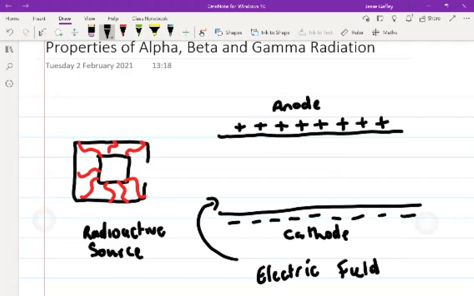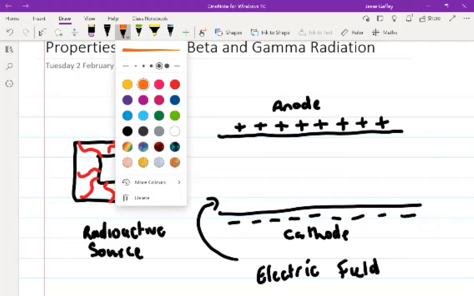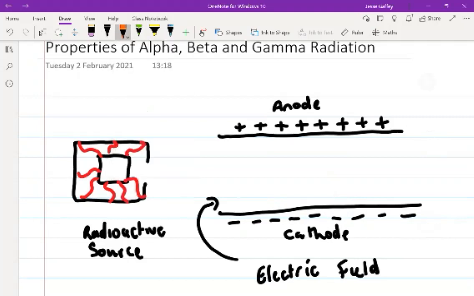Now, let's look at what happens to each type of radiation as it would travel through an electric field. So I'm going to use an orange line to show what would happen to beta particles. So imagine this radioactive source is a source of beta particles. So as the beta particles would travel out of the case, what would happen to them?